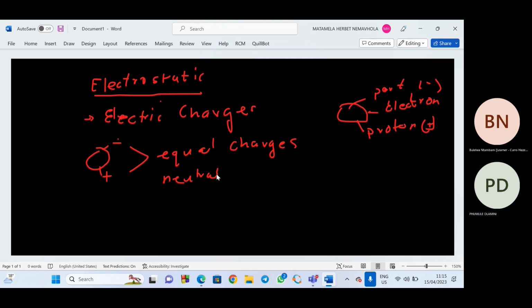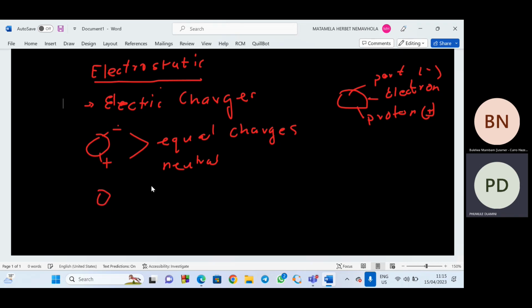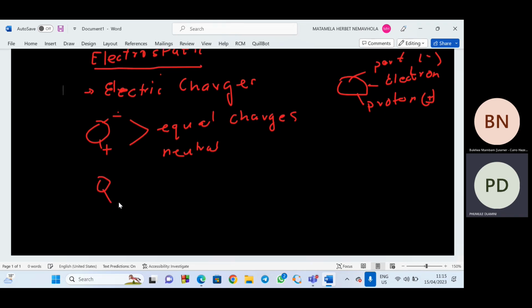And if this object has more protons than electrons, then we call this object positively charged.